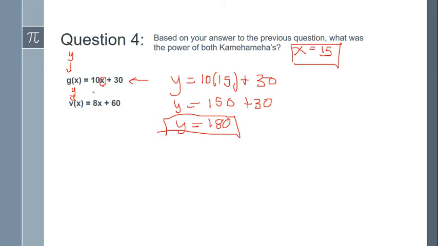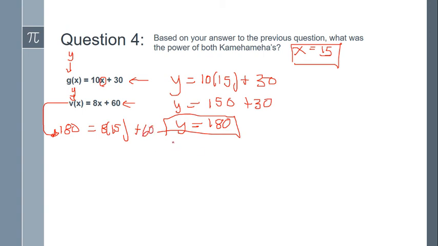All right, so if I did that for the top equation, remember they have to work in both, I'd be saying, is 180 really equal to 10 times 15 plus 30? And we can see that it is. And then it has to work in the second equation too. So I could say, is 180, if I'm using v of x now for Vegeta, equal to 8 times 15 plus 60.